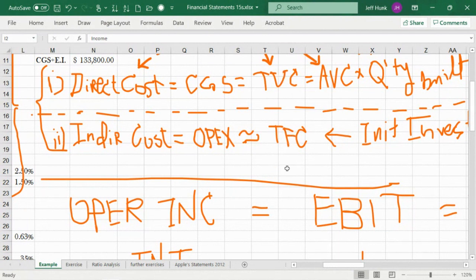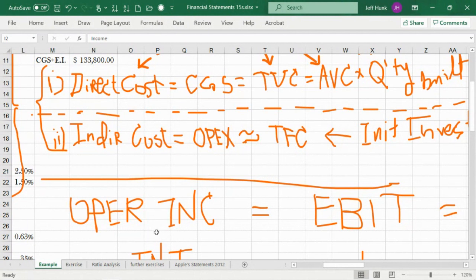Every operating period, there are fixed costs such as rent, the salaries paid to the administrative or clerical staff, marketing expense, R&D expense, depreciation.